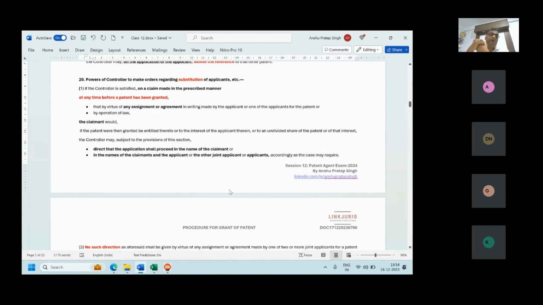The first thing is that if you approach and you can prove that you are entitled to the right, interest or undivided share of the patent.